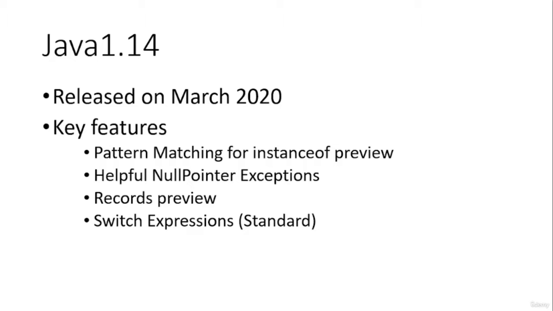For example, if you want to create a person and have person data, this allows us to have unmodifiable person data, with getters and all provided by the Java compiler. So we don't need to create our own code and make it complex. So records give us a really cool feature.